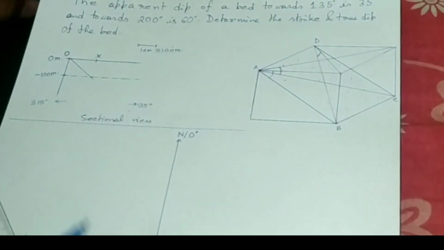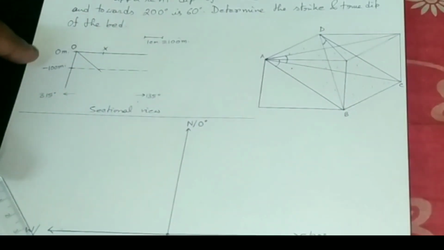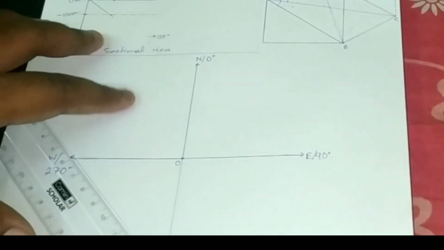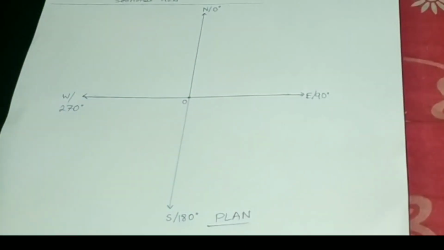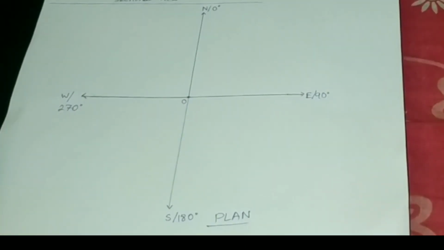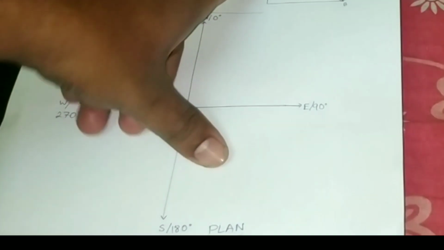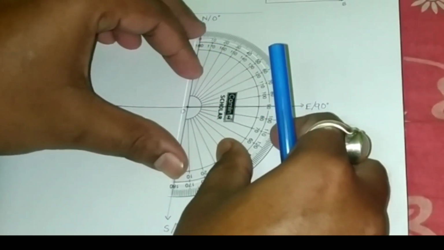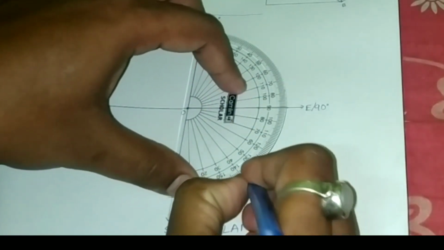So now the strike spacing between 0 meter and minus 100 meter stratum contour we have got, and that can be plottable on the plan. We will plot this strike spacing in proper direction. So the direction is towards 135. So azimuthal direction of 135 degree will be this.